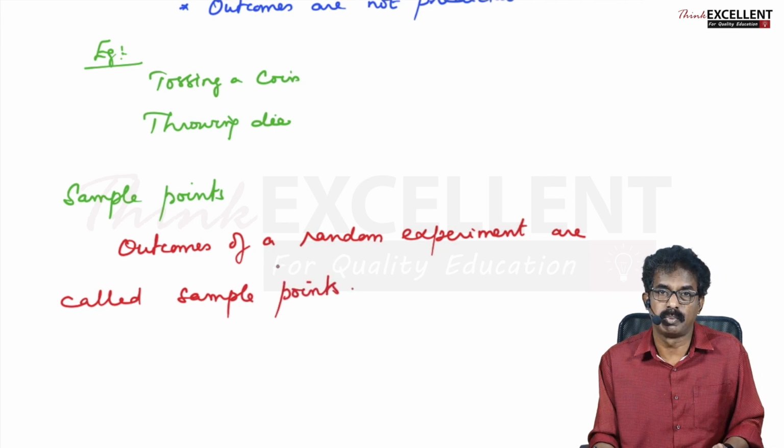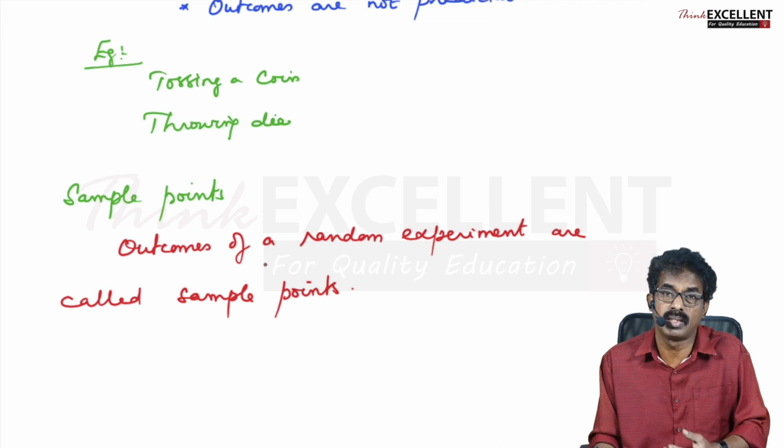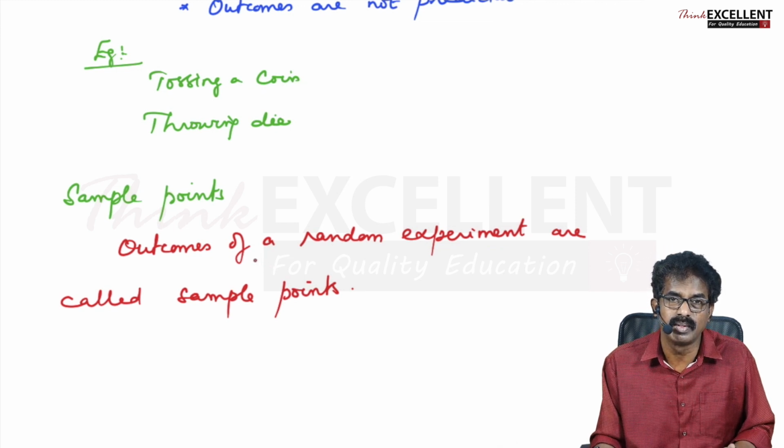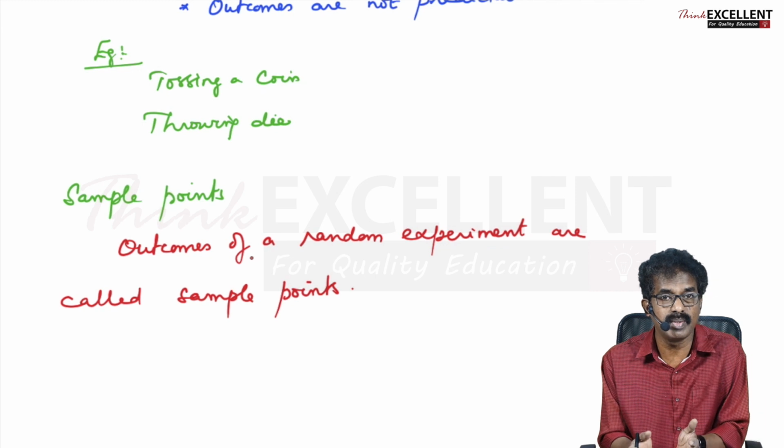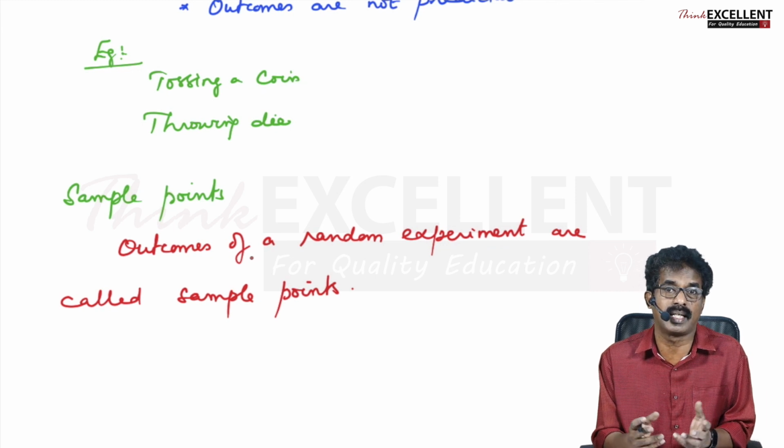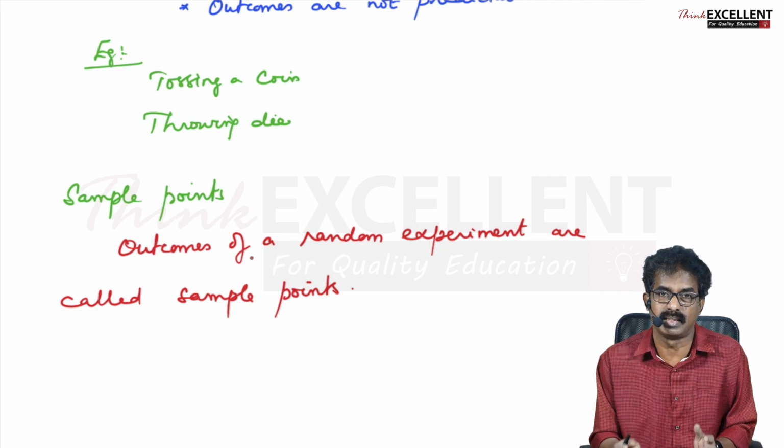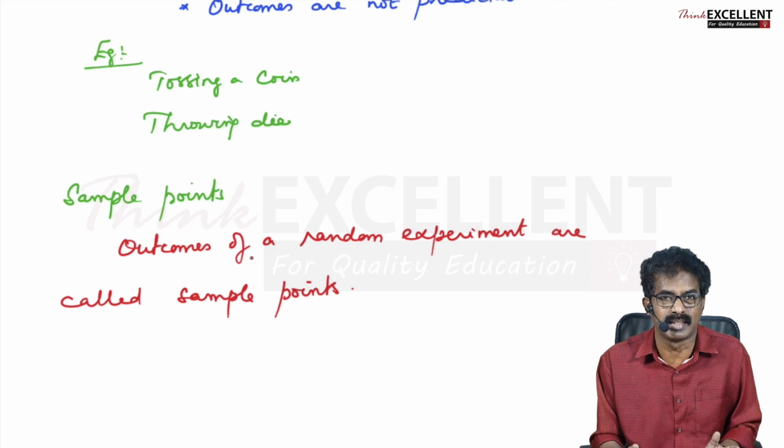Outcome means what? Results. Suppose when you toss a coin, what do you get? Head or tail, right? That's why we say it is a random experiment. You can't say exactly what you're going to get, but you know it is either head or tail. You won't get anything else, right?